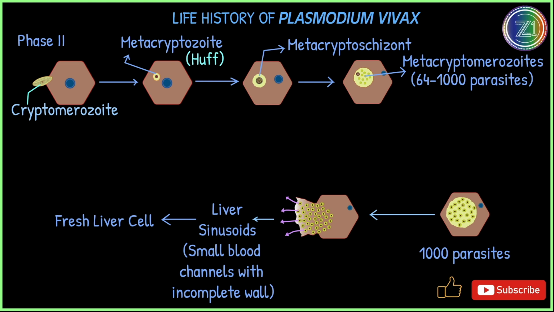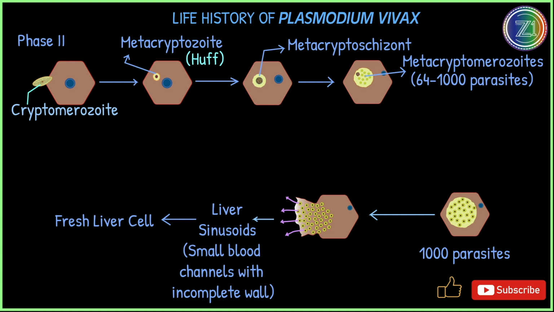So how are they formed? The nucleus of the schizont divides to form many nuclei, and those nuclei feed on the cytoplasm and form metacryptomerozoites.